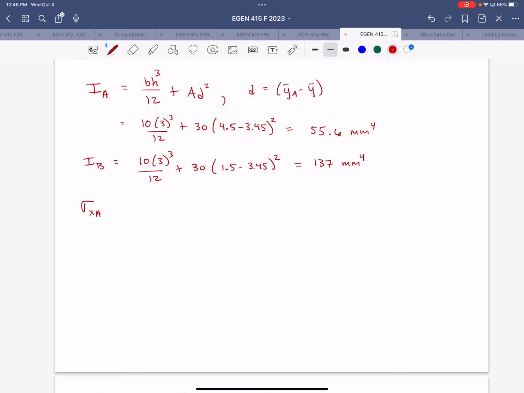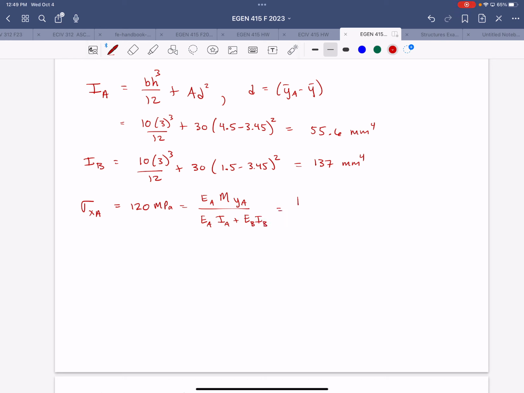All right, so we're gonna set the normal stress in material A equal to the allowable, which is given as 120 megapascals. Set that equal to capital EA times M times YA over capital EA IA plus capital EB IB.